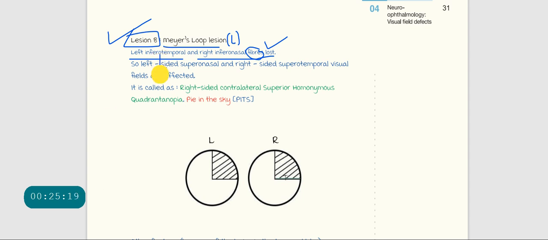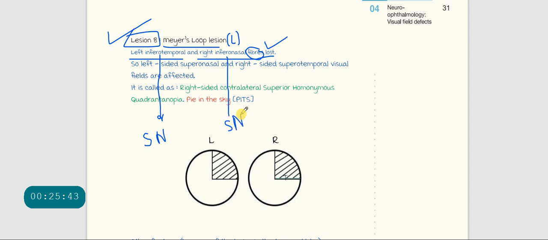And if right infranasal fibers are lost, then the vision lost would be supratemporal again. Okay, so this diagram tells you what we discussed. Very simple.